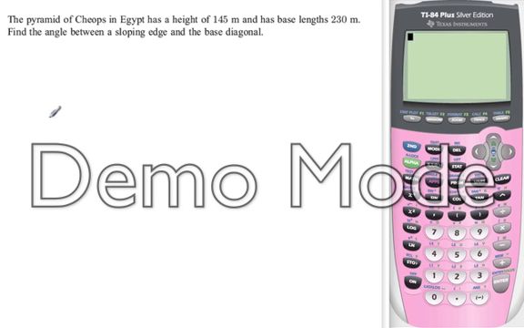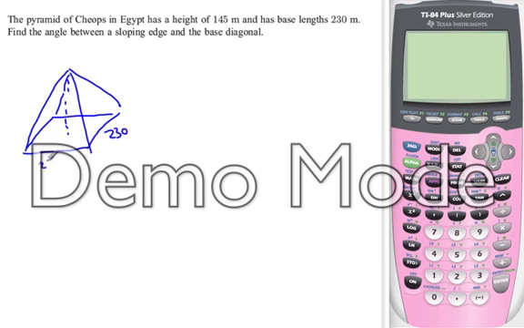Right, let's try and draw us a pyramid. So, something like that. We've got a height of 145 and base lengths of 230.